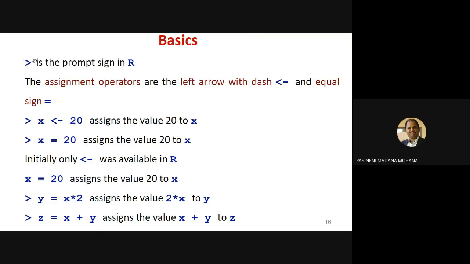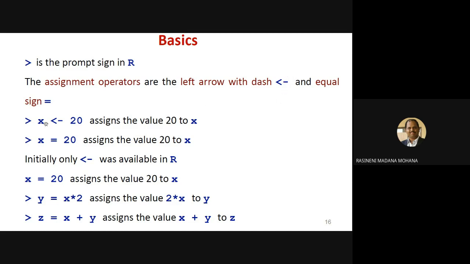This greater than symbol is the prompt sign in R software. The assignment operators are the left arrow with dash and the equal sign. So there are two ways of assignment operators. Whenever you want to assign a value to a variable, you can use the equal sign or the left arrow with dash symbol. Anyone you can use.